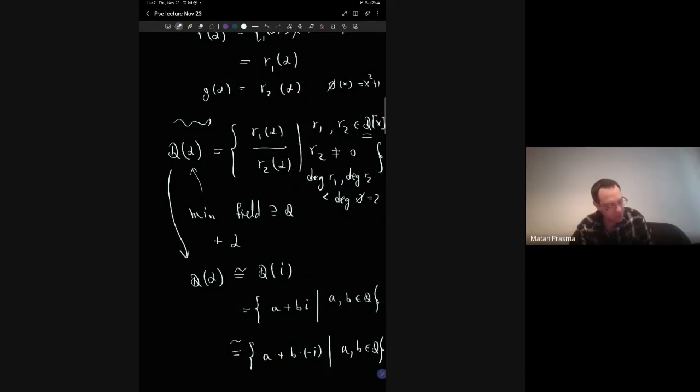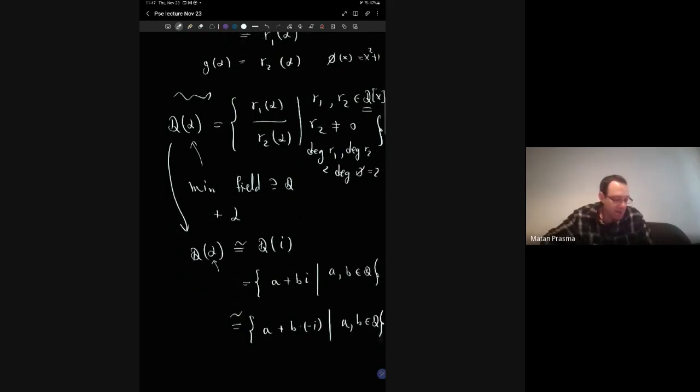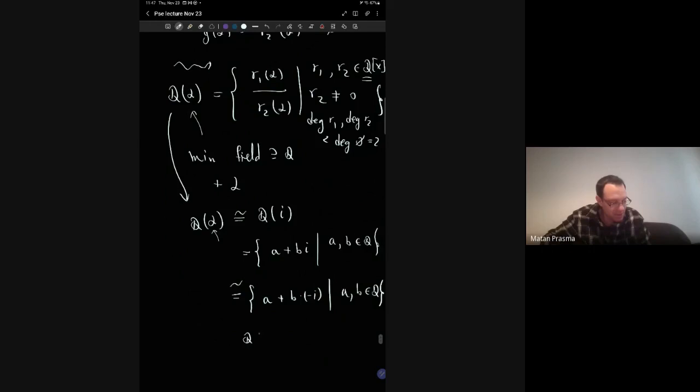These two fields are isomorphic, right? So which one of these is alpha, I don't know, because alpha was simply an abstract symbol satisfying a relation. But the result I get is the same. Okay?